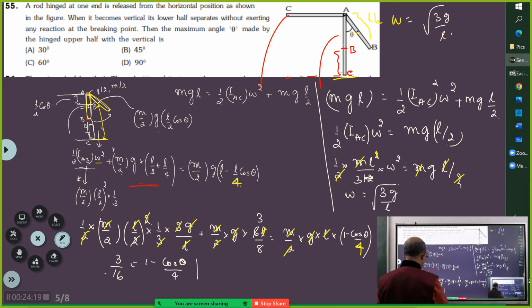Okay, so if I take the 4 there, then on the left hand side I'll be left with 4. So that 4, then 3.4 I'll be left with, and here I'll be left with 4 minus cos theta.